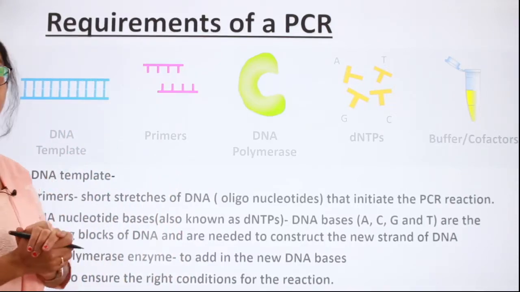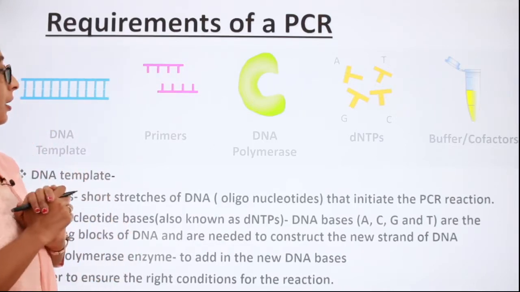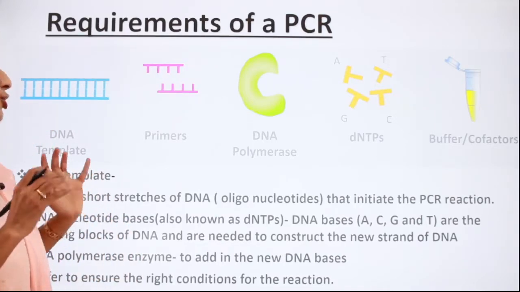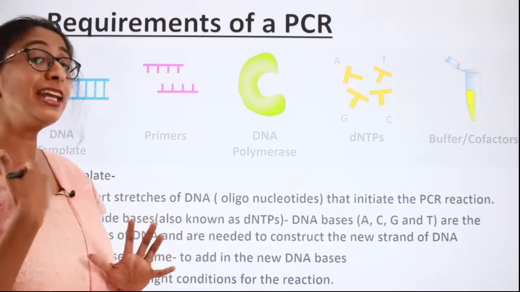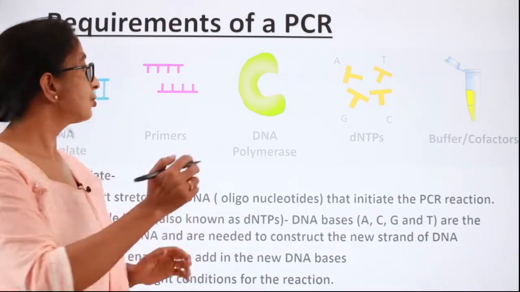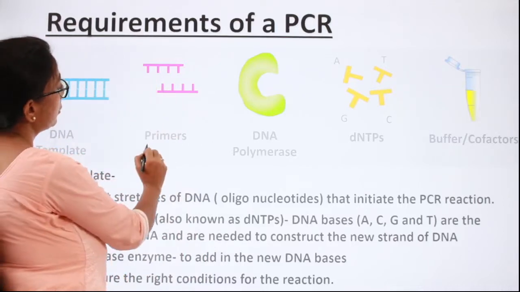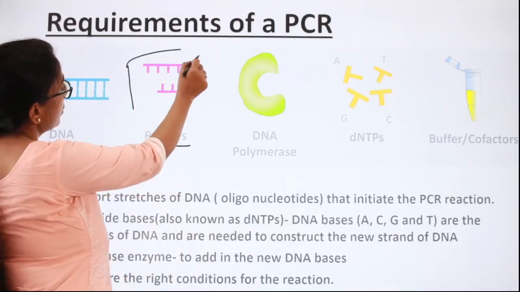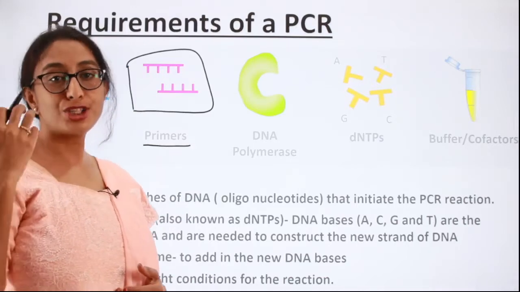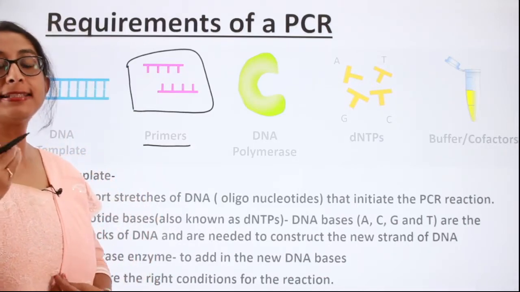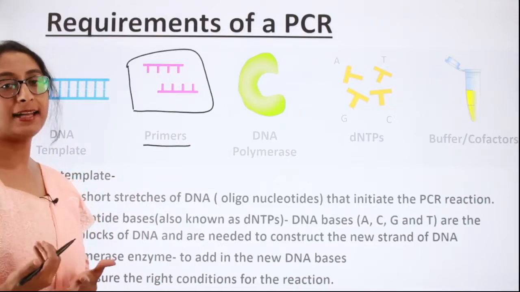Next comes primers. What are primers? Primers are short stretches of oligonucleotides that initiate the PCR reaction. So here you can see these are the primers, short oligonucleotide stretches of DNA which are utilized to start the PCR reaction.